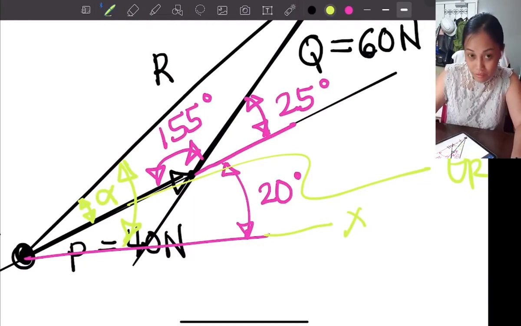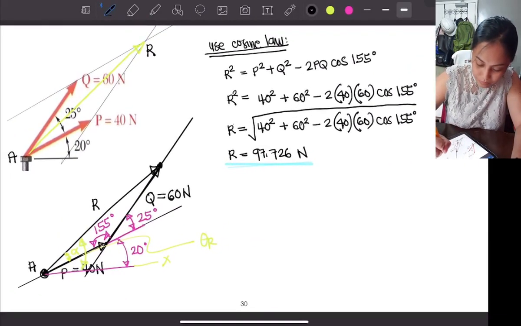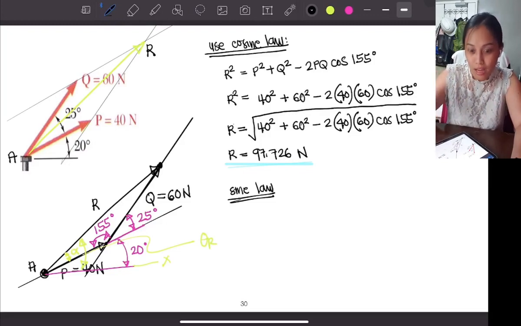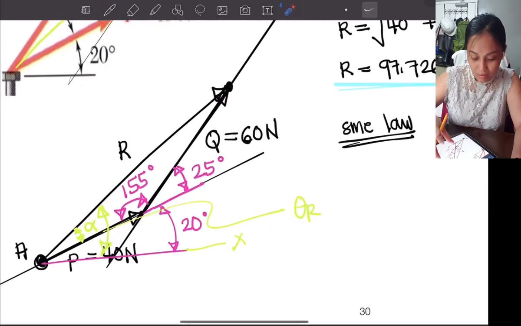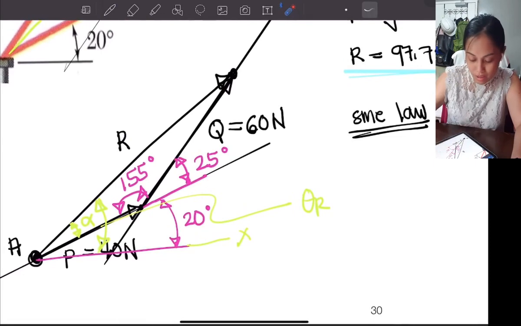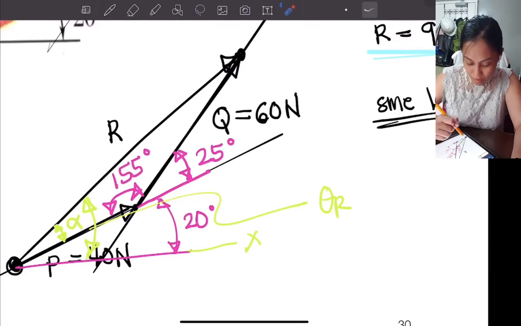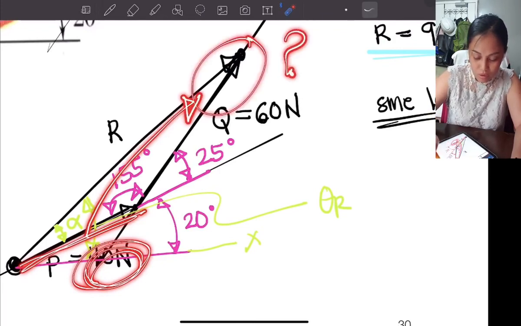So, determine alpha using the sine law. The sine law is a side over the sine of its opposite angle. Looking at our figure, we have P, which is 40, over the sine of its opposite angle, which is unknown.